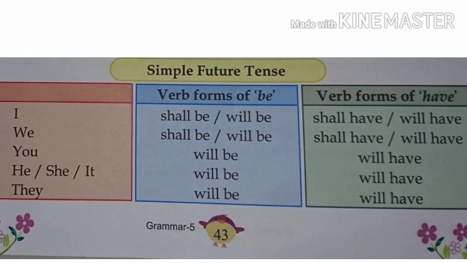Look at the table. With the pronoun I, the verb forms of be used are shall be or will be, and the verb forms of have used are shall have or will have. Study the table carefully. You will know what are the verb forms of be and verb forms of have used with other pronouns.